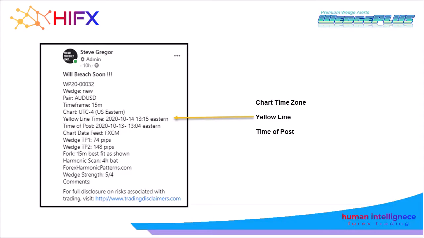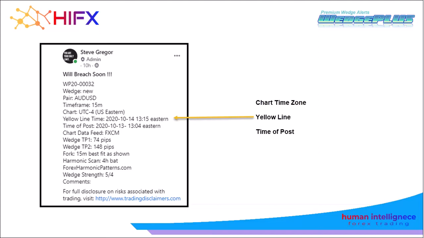So we have something called the yellow line on the chart. The yellow line is a representation of when we drew that wedge. That's important for you to know, because you want to know when the wedge was drawn versus, oh, here's a wedge that's already breached. So we're definitely interested in telling you what time we drew the wedge.